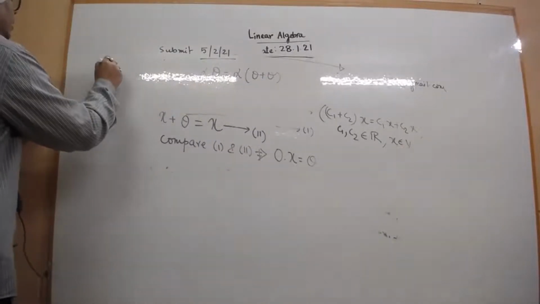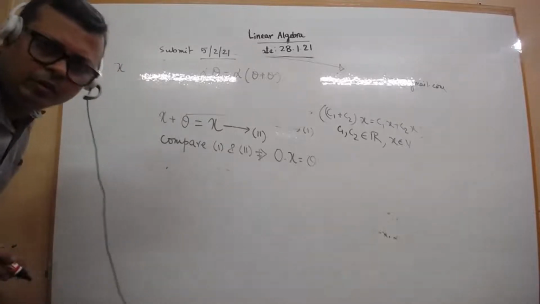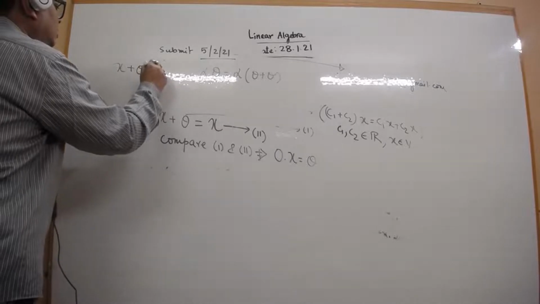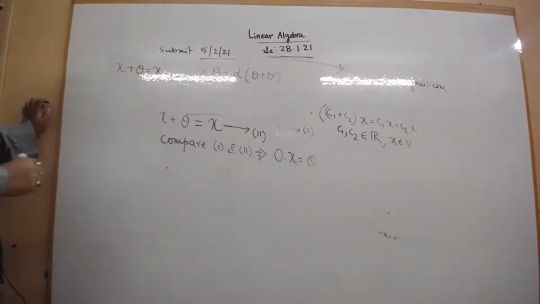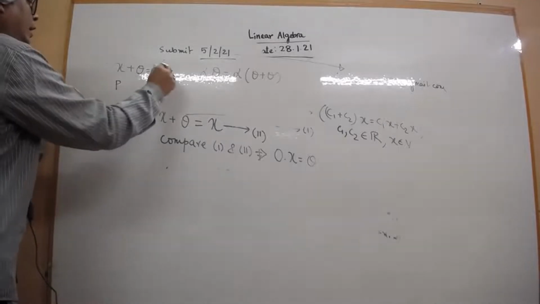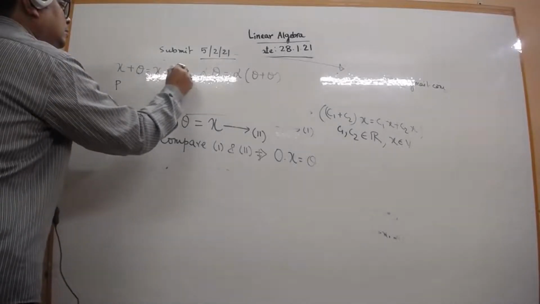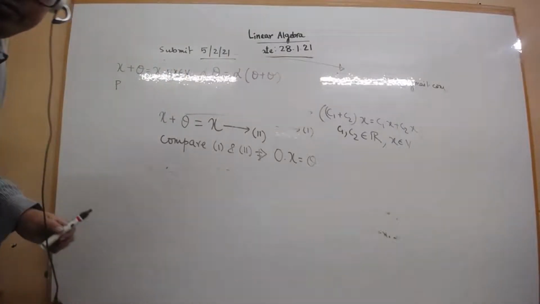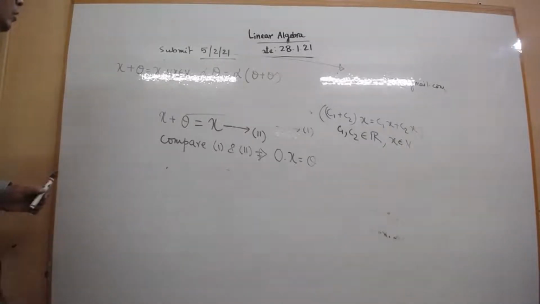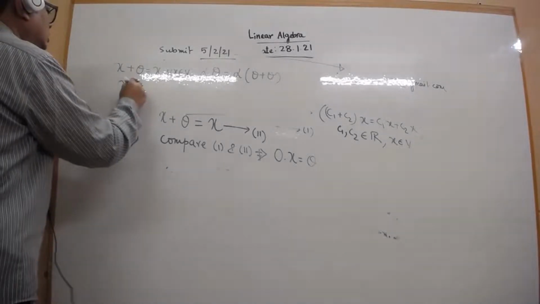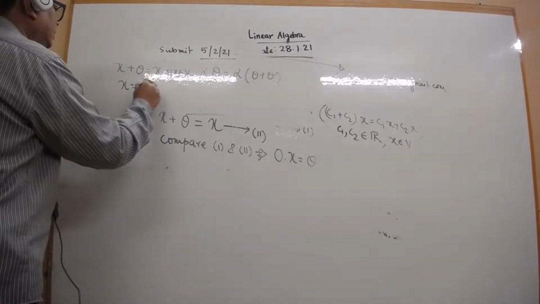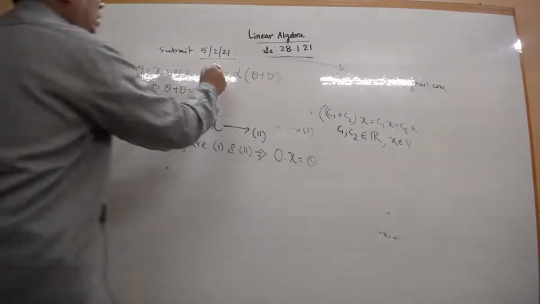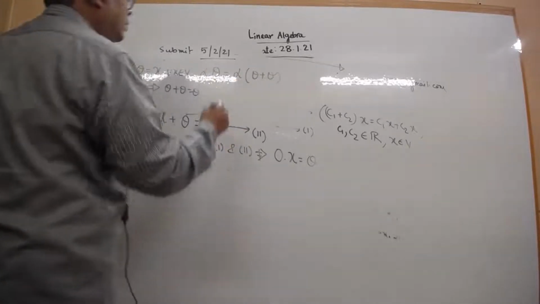We know for all x, x plus theta equal to x, where theta is a null element, and x for all x belonging to V. So we can take x equal to theta, then theta plus theta equal to theta. So I write this, theta equal to theta plus theta.